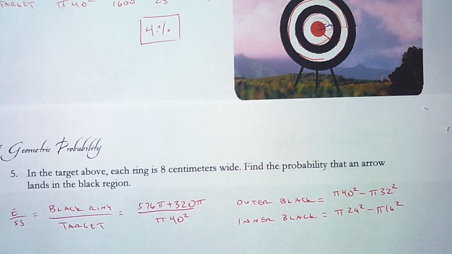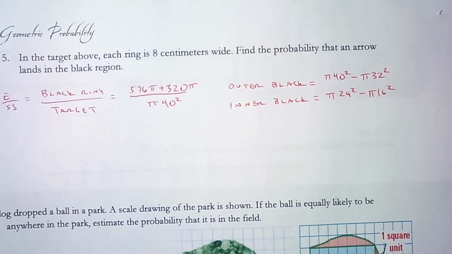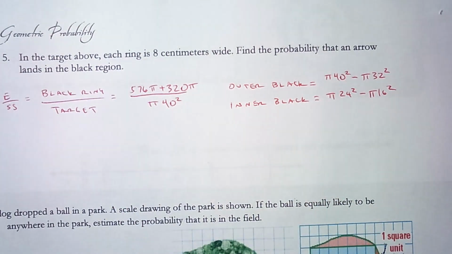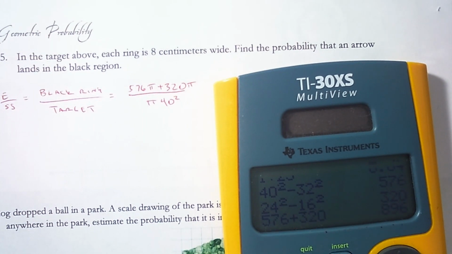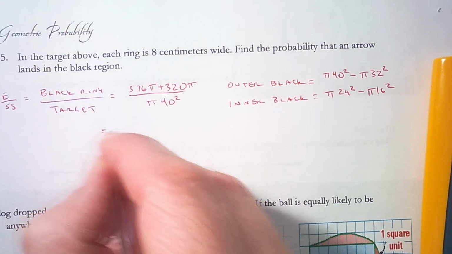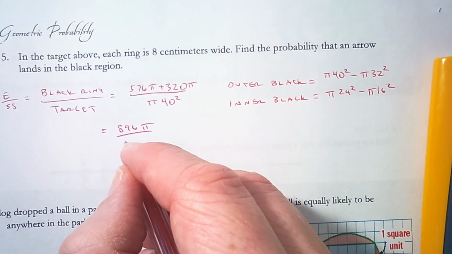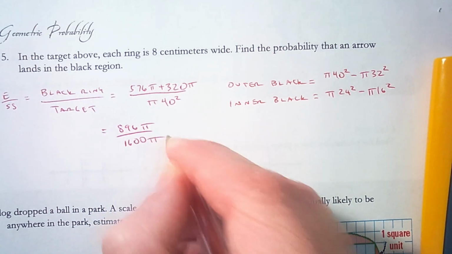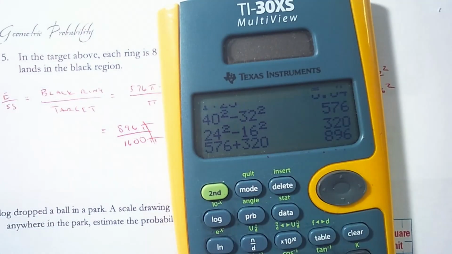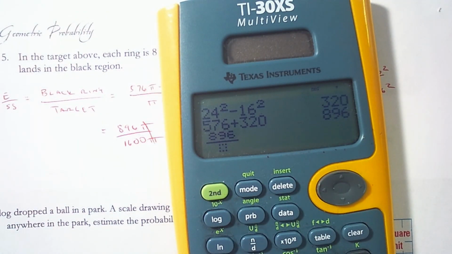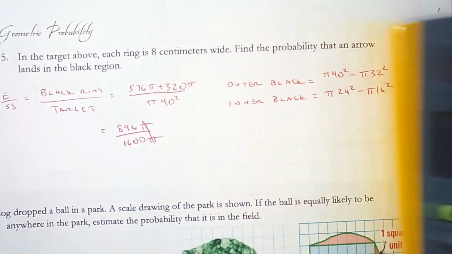Okay, now I need to simplify, and I can simplify by combining my like terms here in the numerator. So 576 plus 320 is 896. So I have 896 pi over pi times 40 squared, which is 1600 pi. Now these pi's can cancel, and I have 896 over 1600, and that is 14 over 25.